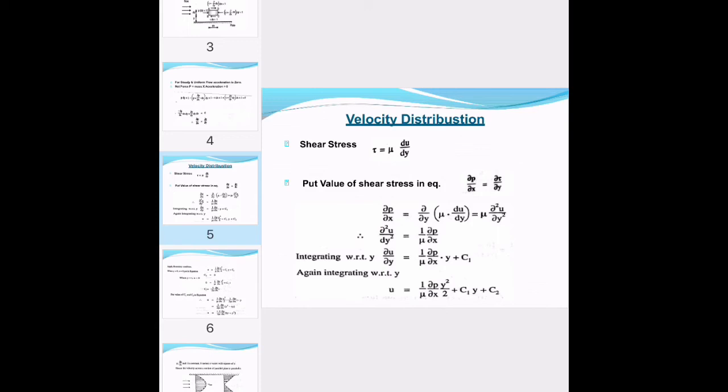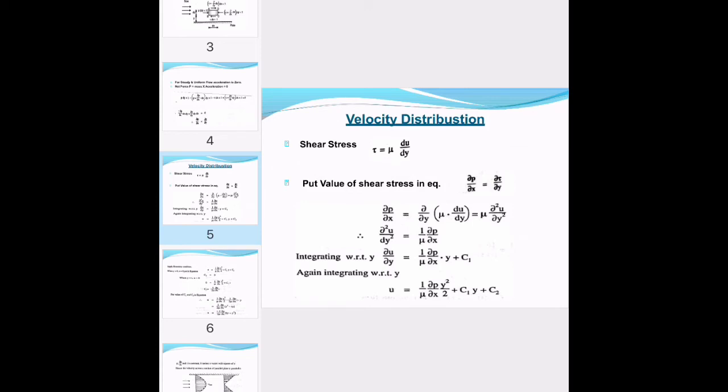These boundary conditions are y equal to 0, u equal to 0, and y equal to t, u equal to 0. So two conditions we have to consider to find these two constants.